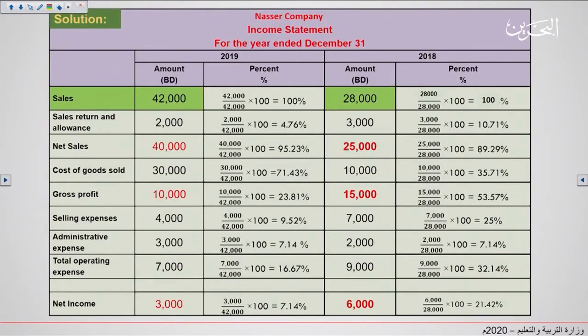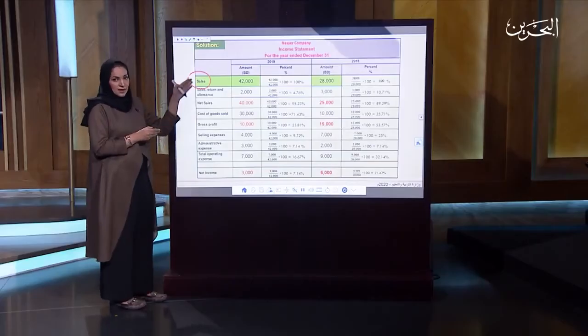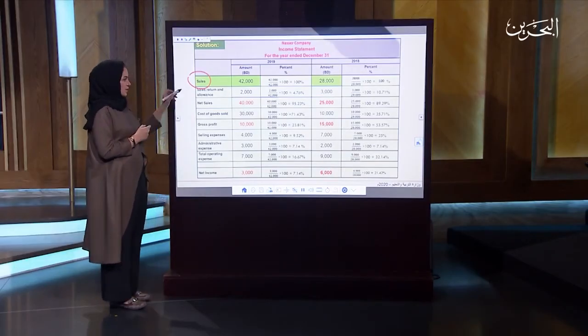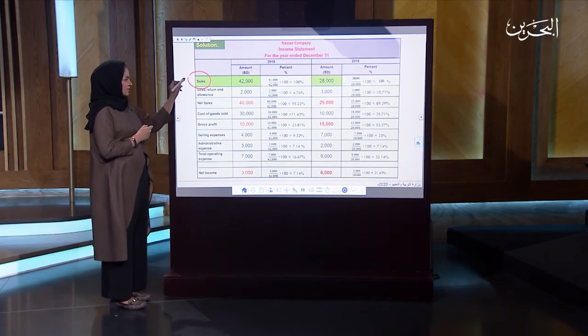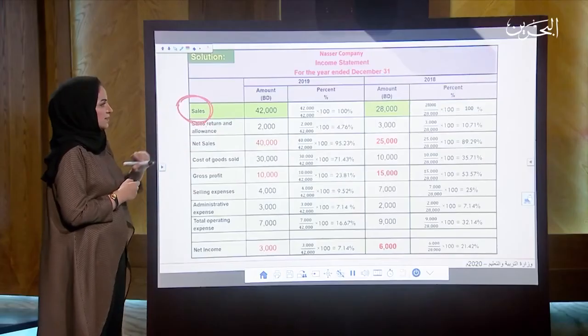Okay, let's see the income statements. The rule says any item of the income statement divided by sales or net sales. In this income statement, we already have the sales or net sales, but we will choose the sales.